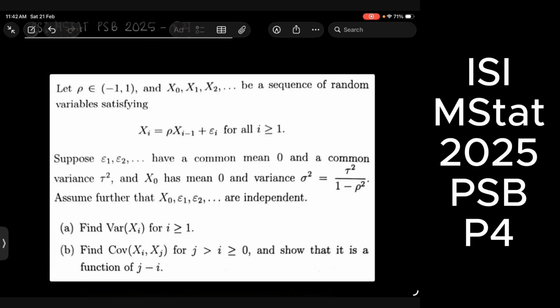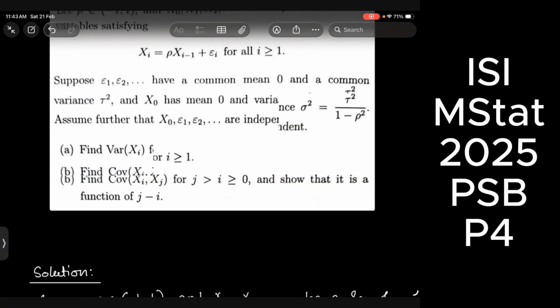Okay. So we have to find the variance of xi and covariance for xi and xj. Okay. And we have to show that covariance between xi and xj is a function of j minus i, the difference between j and i.